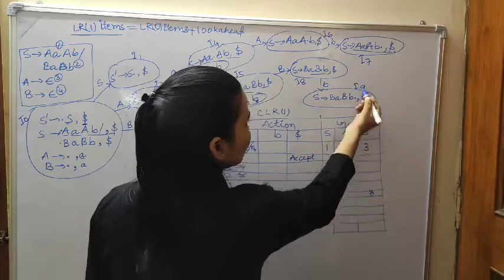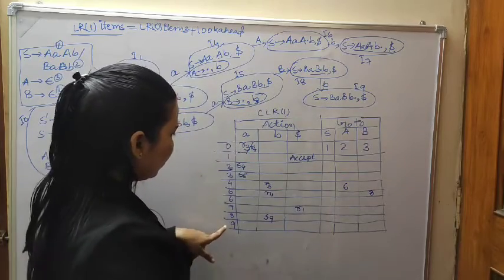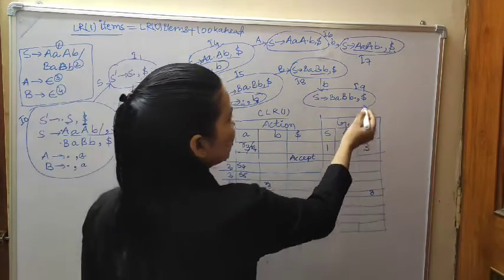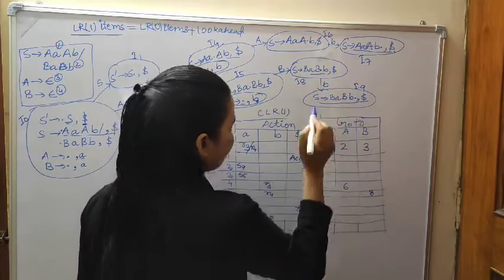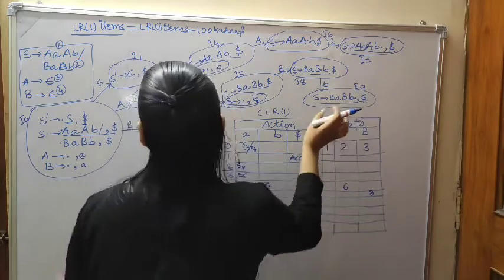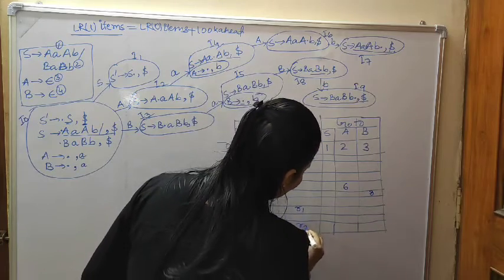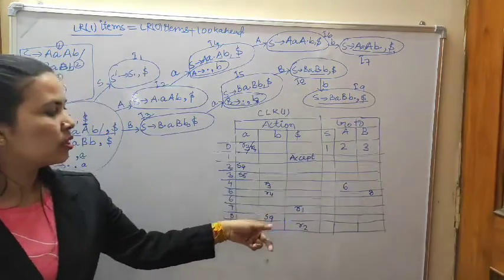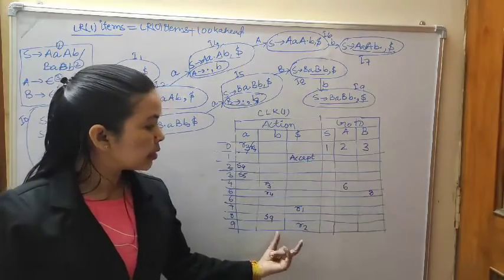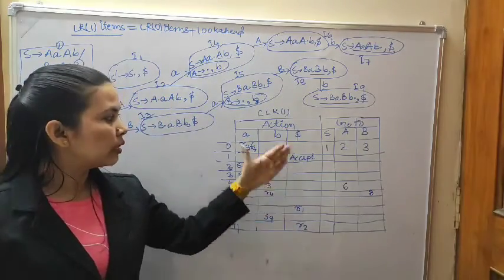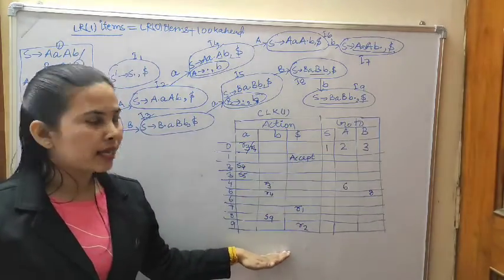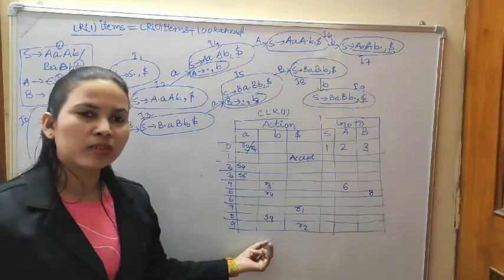And in state 9, it is the final item, and look ahead is dollar. What is the production rule? That is 2. So write here R2. Look at this, whenever the entries have no multiple values, that means it is a conflict-free parser.